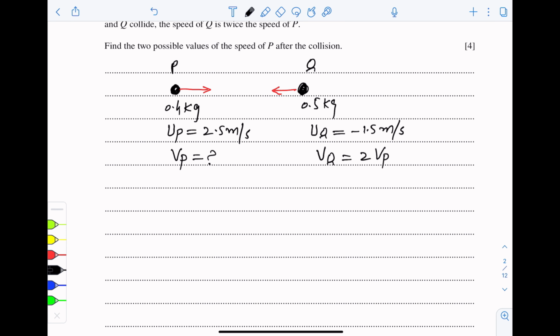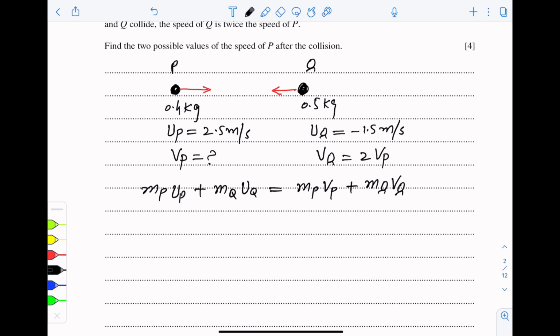Momentum before collision is equal to momentum after collision. MP UP plus MQ UQ is equal to momentum after the collision, MP Vp plus MQ VQ.